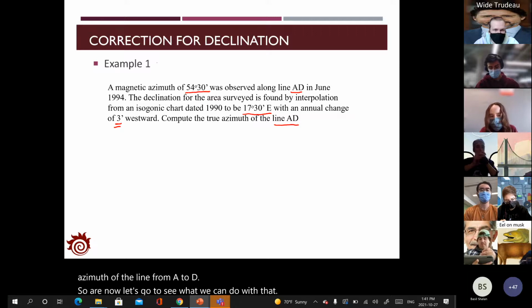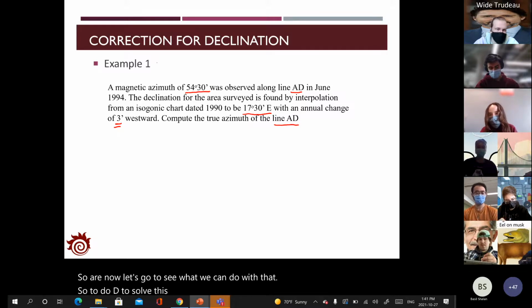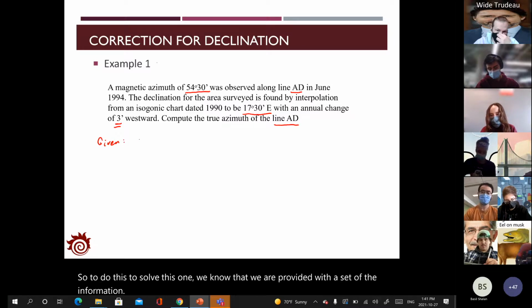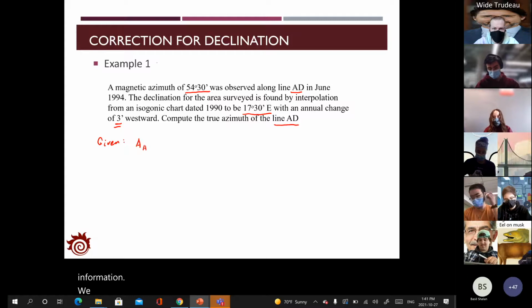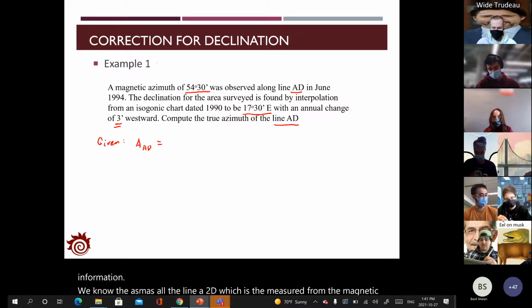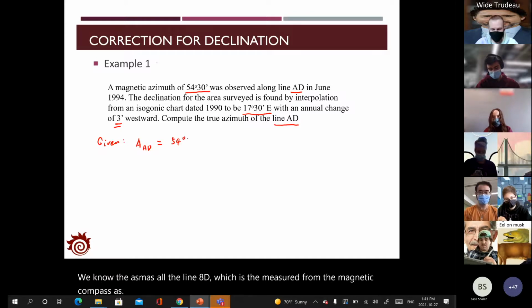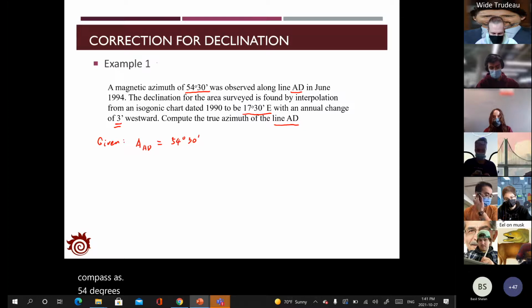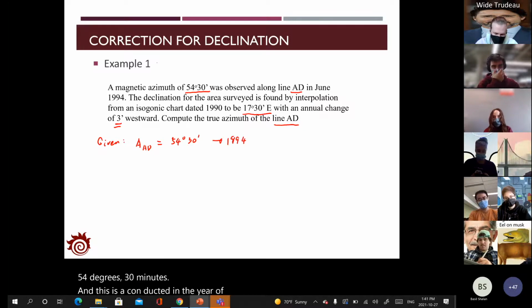To solve this one, we know that we are provided with a set of information. We know the azimuth of the line A to D, which is measured from the magnetic compass as 54 degrees 30 minutes, and this is conducted in the year 1994.